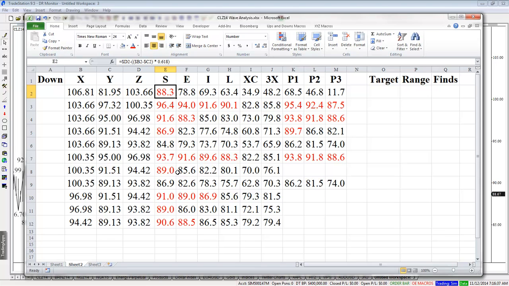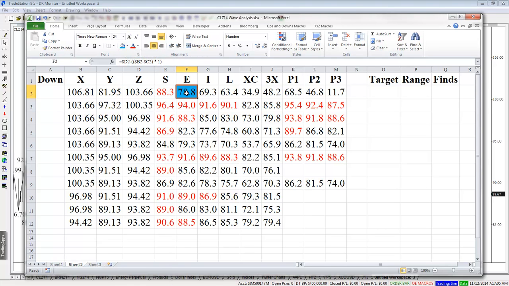Now, based upon wave studies that we've done, and this is very true for short-term waves, not as true for longer-term waves, but generally speaking, when a wave meets its smaller than target, or its 0.618 phi prime projection, it will extend to at least its equal to target. So I have a very good idea here that the market's going to probably extend to the 78.80.